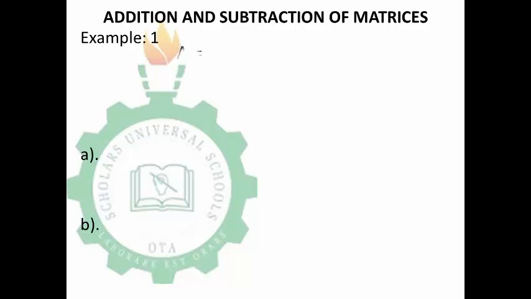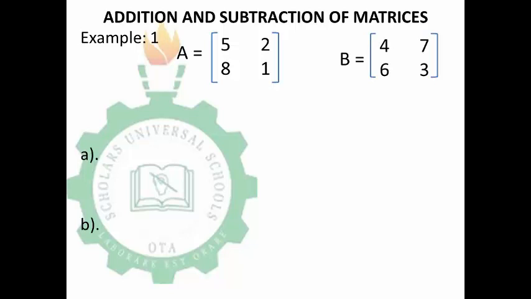In our first example, A equals a matrix with elements 5, 2, 8, 1, and B equals a matrix with elements 4, 7, 6, 3. We are asked to find A plus B and B plus A. When we see A plus B, we add just as in normal addition.